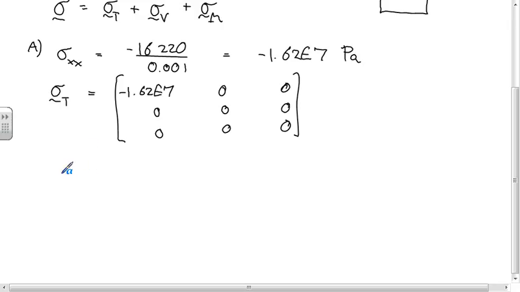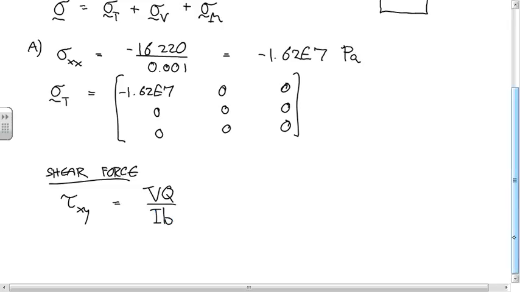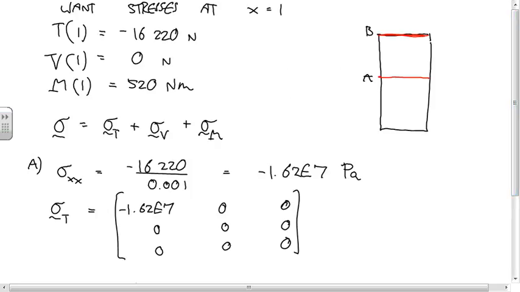So now due to the shear force, we have the XY stress equal to VQ over IB. So we need to calculate Q and I. Oh, was the shear 0? Oh, that makes it easier.